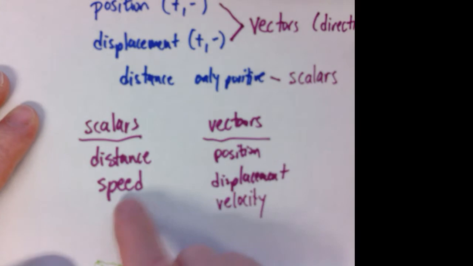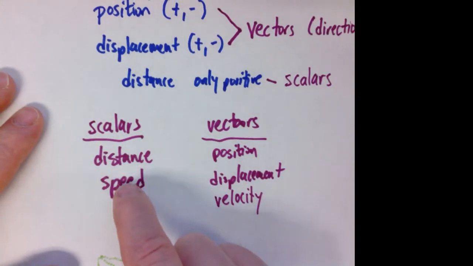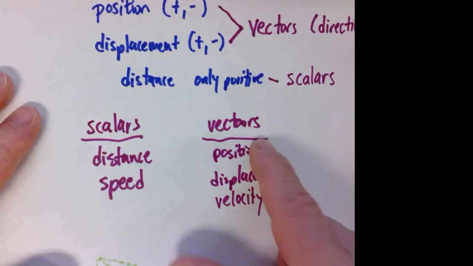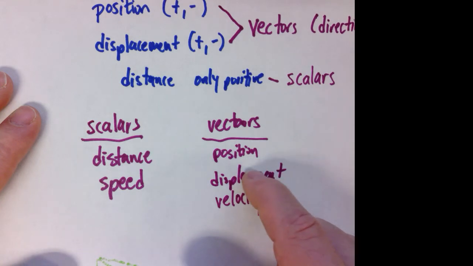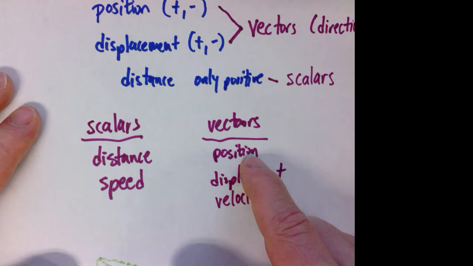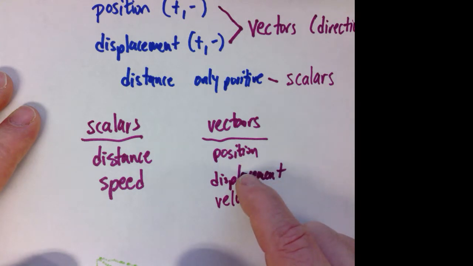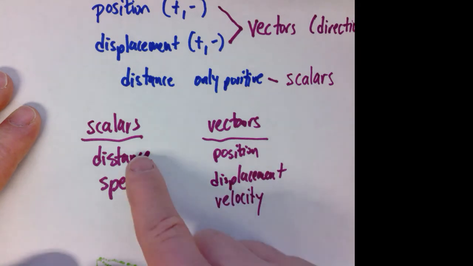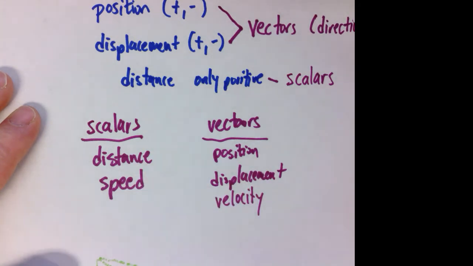Examples of scalars are distance and speed, and vectors, position, displacement, and velocity. Position could be positive or negative, displacement could be positive or negative, and velocity could be positive or negative. But distance and speed are only positive.